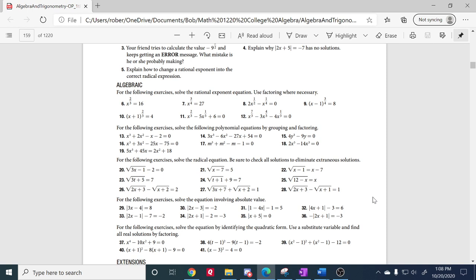So that's why you'll have to isolate that square root and then square both sides once again. And sorry, but we're not going to have enough time to do another one of these because they just take so darn long to do.